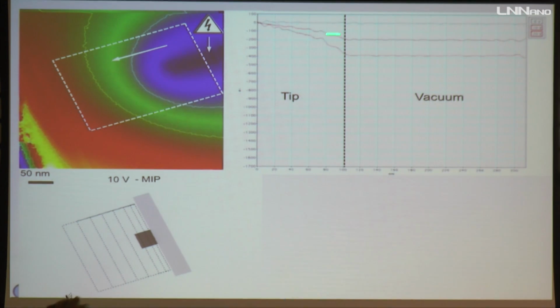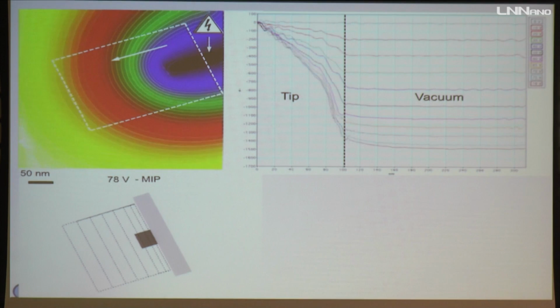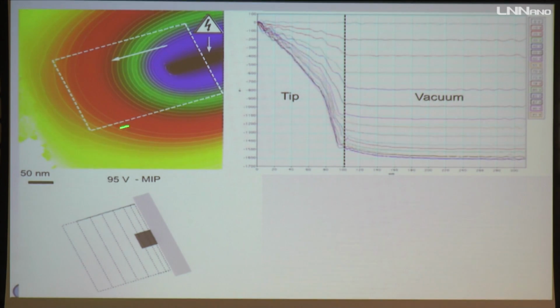Here 0, so no charges, and then you have 10 volts, and then you have some charges that appear, and there are more at the very tip of the nanocone. And then you increase. So what you see here is the increase of the electric field in the vacuum as a function of the voltage you are applying.